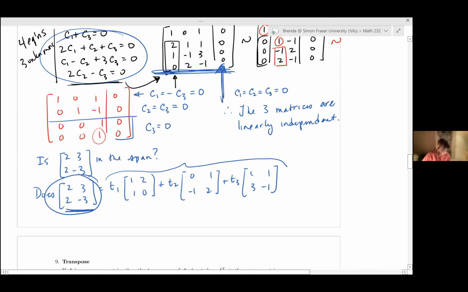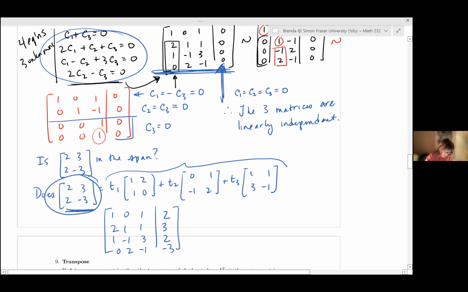Okay, so let me just write out for you what the augmented matrix is. Here it is: 1, 0, 1, 2, 2, 1, 1, 3, 1, minus 1, 3, 2, and 0, 2, minus 1, minus 3.